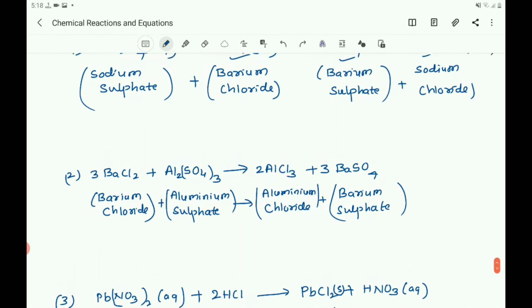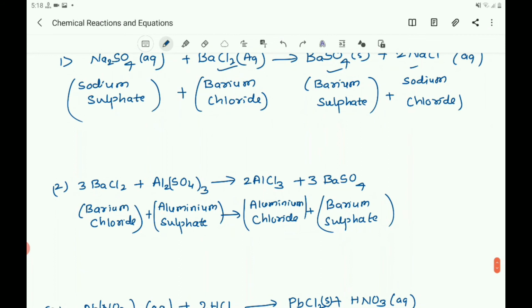Next, BaCl2 reacts with Al2(SO4)3 to give 2AlCl3 plus 3BaSO4. Here 3 BaCl2, that is barium chloride, reacts with aluminium sulfate to give aluminium chloride and barium sulfate.